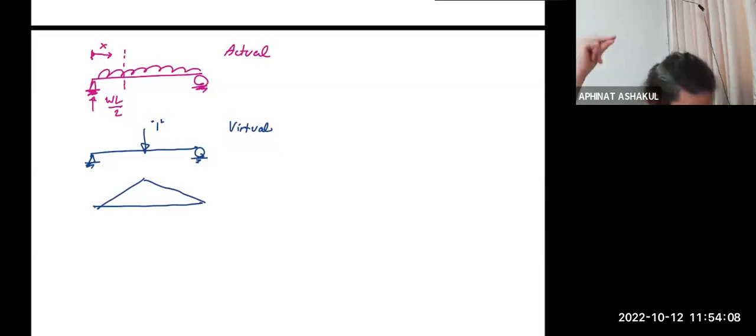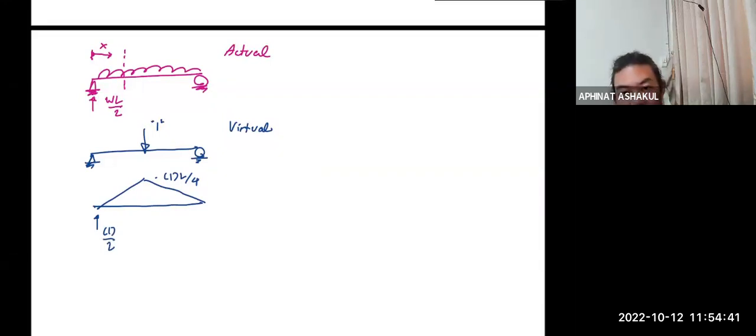Just draw what you already have in your mind. And for a point load in the middle, the moment here is PL over 4, right? You should know that P is 1, so it is L over 4. It comes from the fact that this is P over 2 multiplied by L over 2. See? It's PL over 4. Simple stuff.